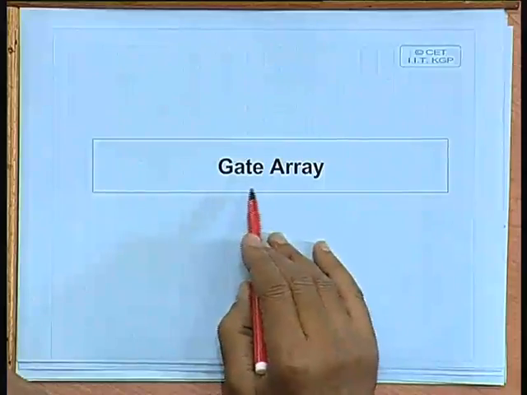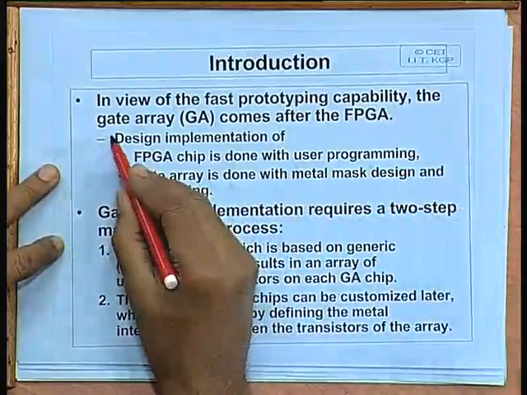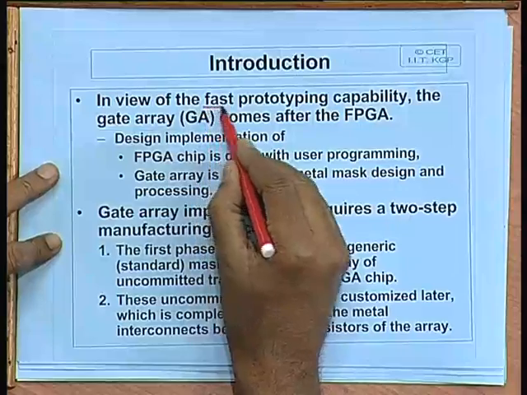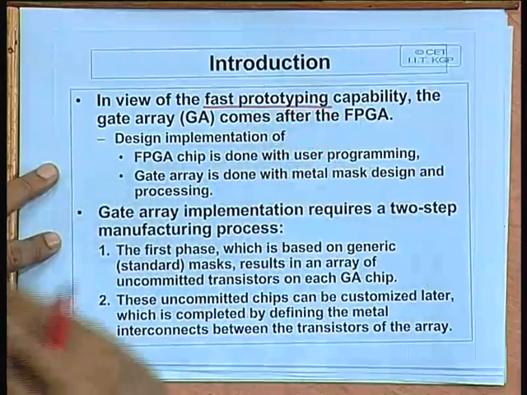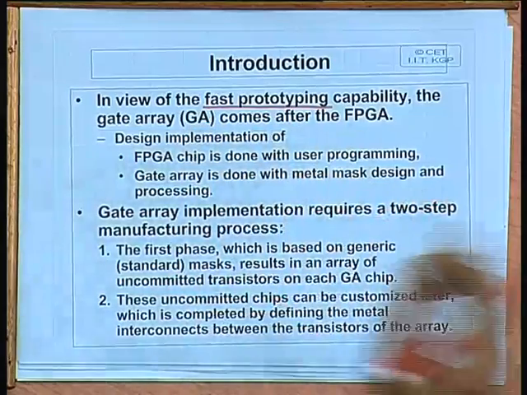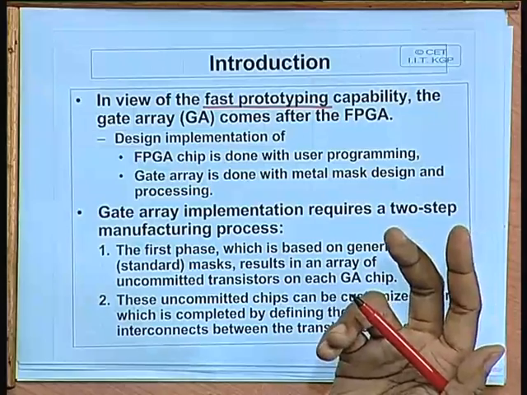But one step up the ladder in terms of performance, and also complexity, is something called gate array. It is not field programmable, simply gate array. So, let us try to understand what this is. Gate array comes after FPGA in terms of the speed of prototyping. Gate array is also fast, but in FPGA it can be hours, in gate array it can be weeks, right.